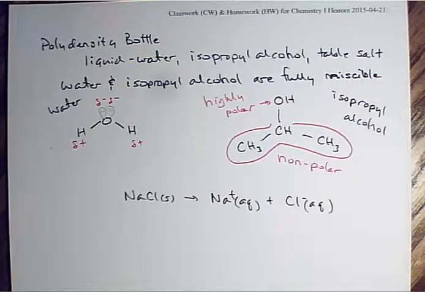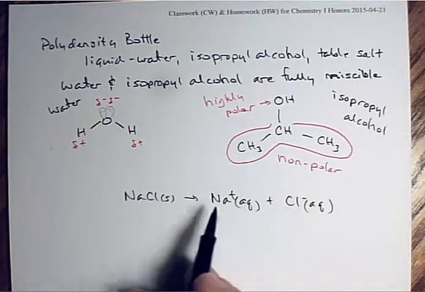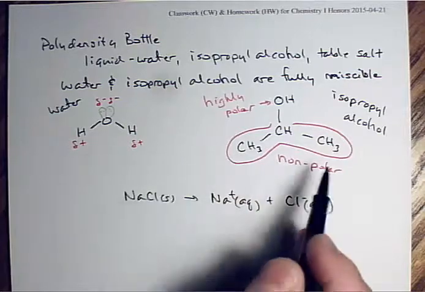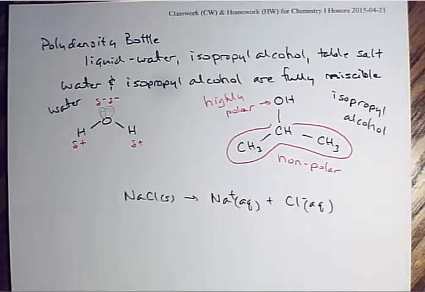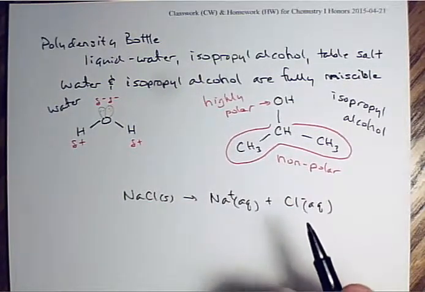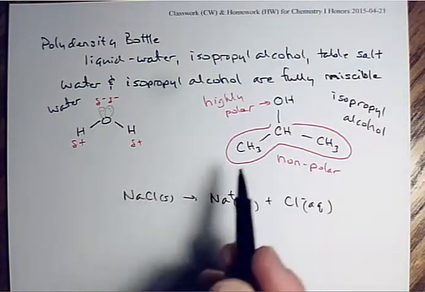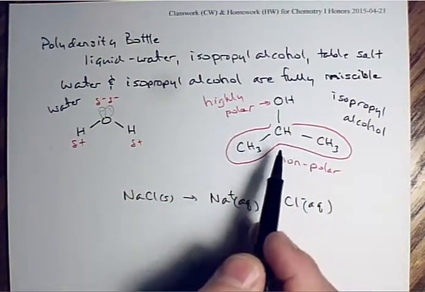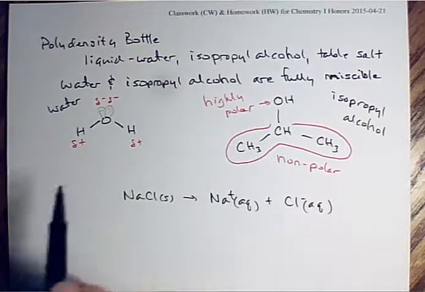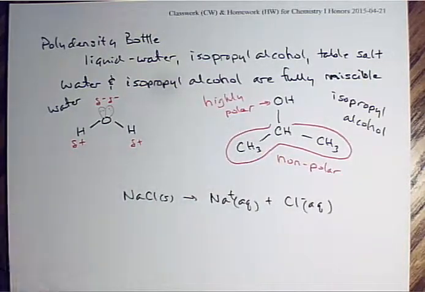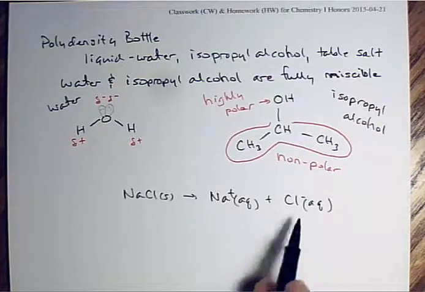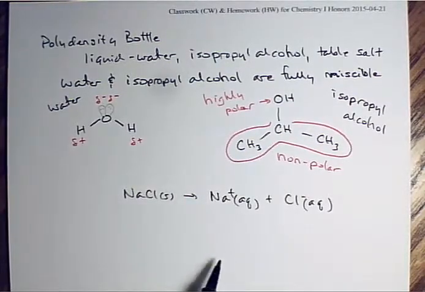Does that make sense? Which one did you say was more dense? You said the one with the water. Well, the salt water, the water and the isopropyl alcohol are not that much difference in density. There is some difference in density. But when you put the salt in the water, that becomes way more dense than the isopropyl alcohol. And they will then separate. So isopropyl alcohol and water won't separate. Salt and water won't separate.